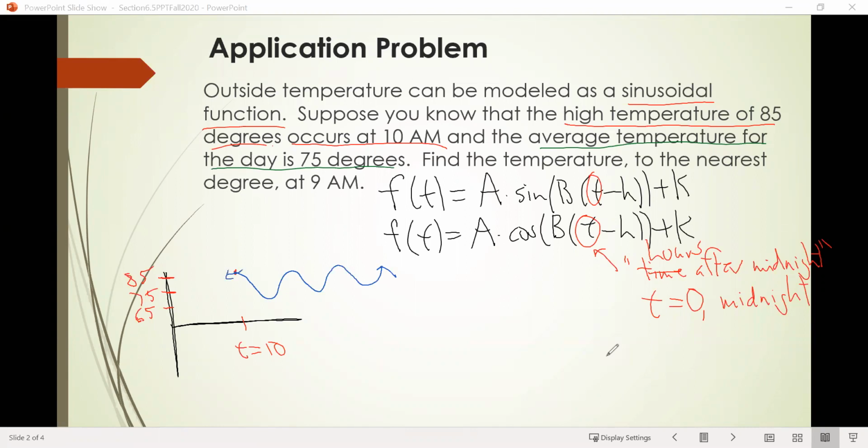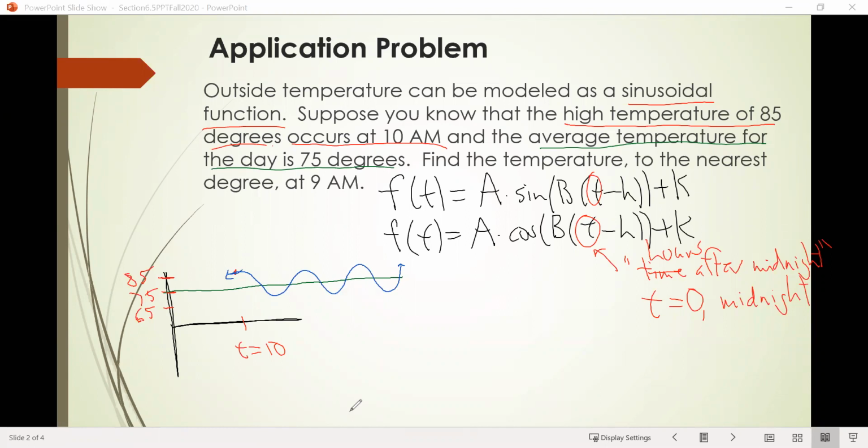We also know that 75 looks to be the middle between our high and low, so that tells us where the midline is. If I'd drawn this better, it would look like a midline, so let me try to do that better. It looks something like this.